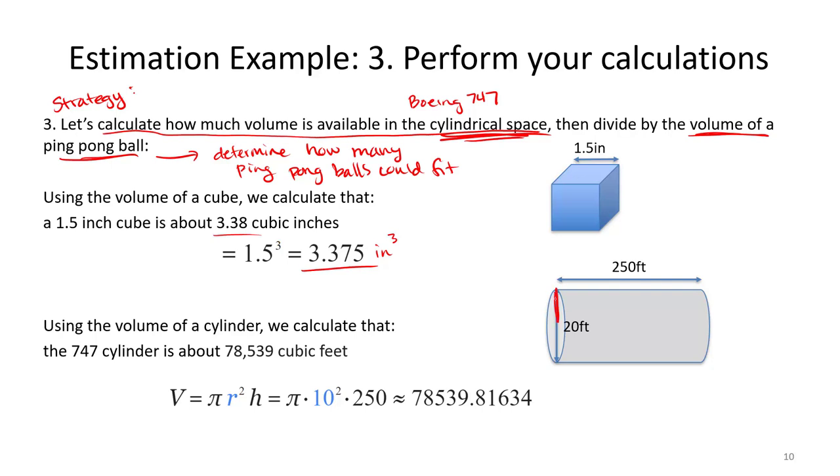Remember, we assumed a 20-foot diameter, so that gives us a 10-foot radius. We have a 250-foot length of the cylinder. If we plug into our volume equation, we get pi times 10 squared times 250, and that gives us a volume of around 78,539 cubic feet.